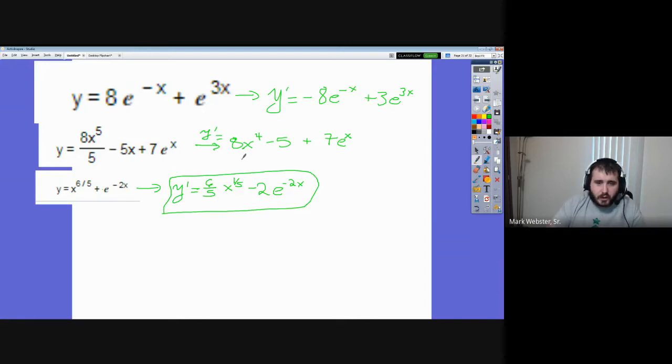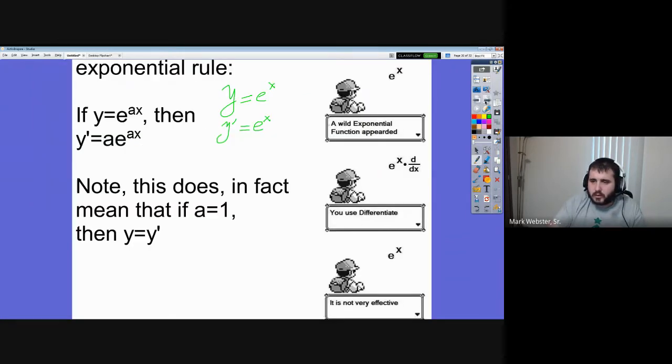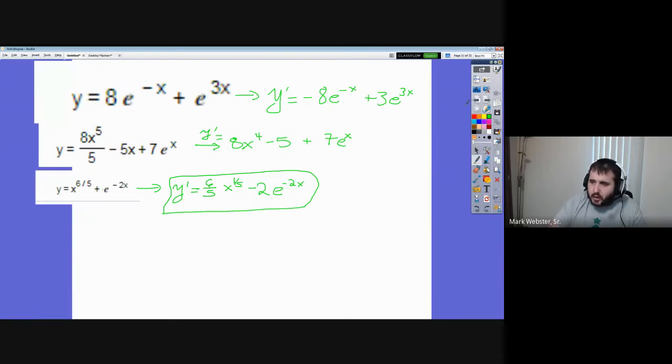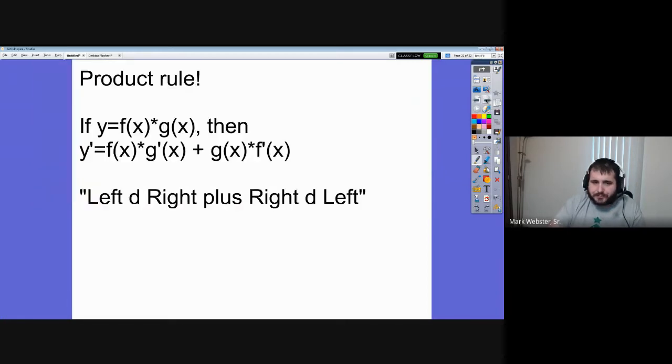So that's what we call the exponent rule, or whatever, the exponential rule. If you've got e to the x, we'll talk more about other exponentials later, where it's not e to the power of something, it's like 2 to the power of something. We'll talk about that down the line. So now let's talk about the product rule.